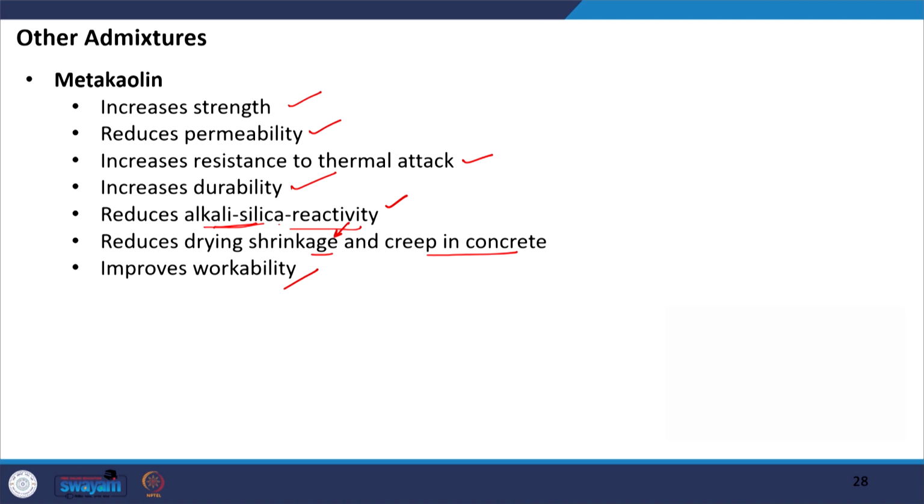Talking about the alkali silica reaction, what happens here is that we have alkali from cement, and then we have silica. Sometimes we also have some carbonate aggregates. So, it is either alkali silica reaction or alkali carbonate reaction.